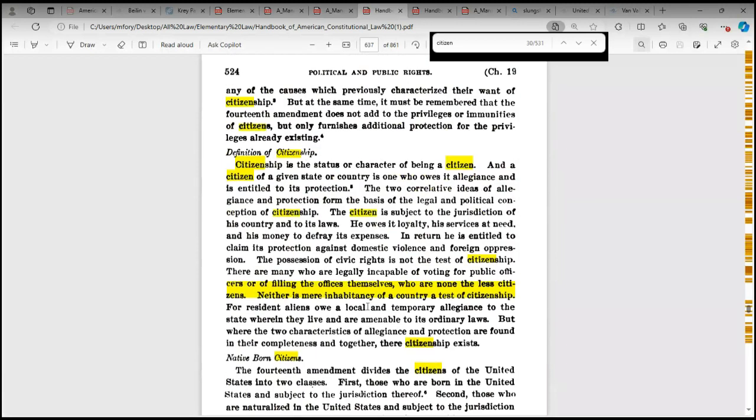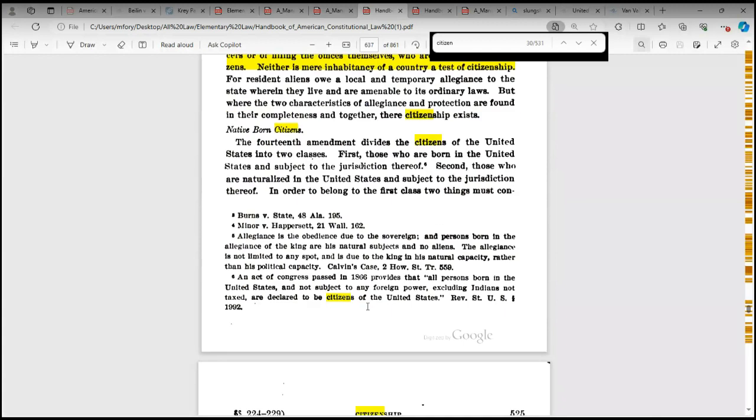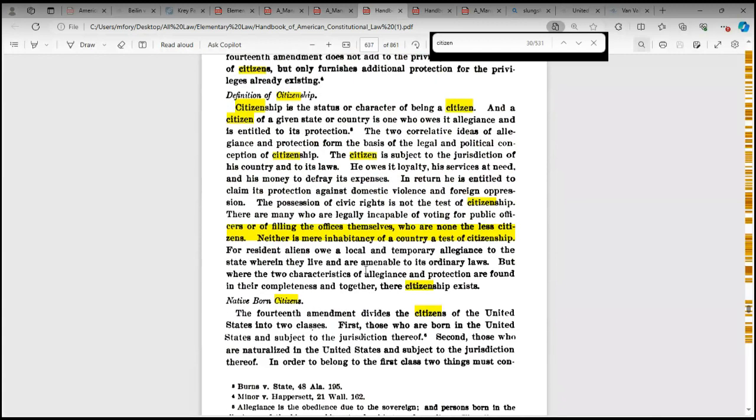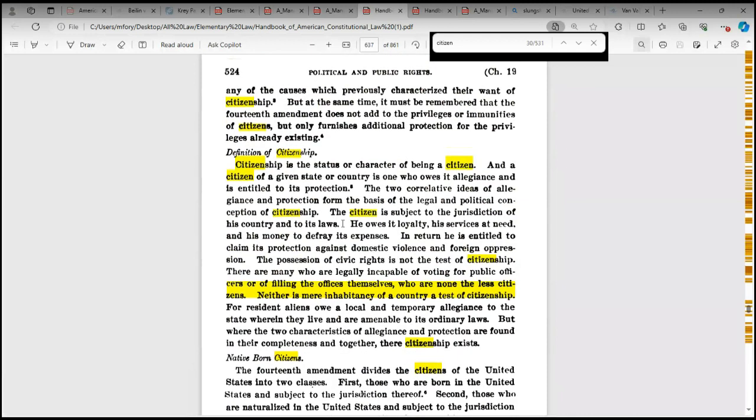Let's see what example they give you here. Number 3. They give you a case, Burns versus State. I forgot what that case is. Definition of citizenship. Citizenship is a status or character of being a citizen, and a citizen of a given state or country is one who owes its allegiance and is entitled to its protection.